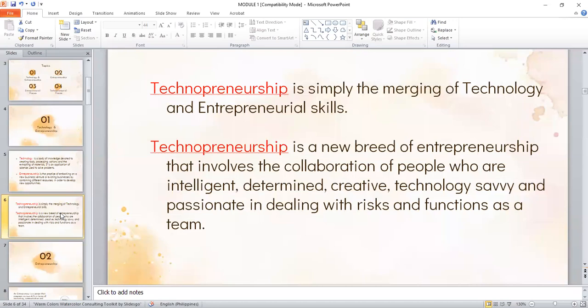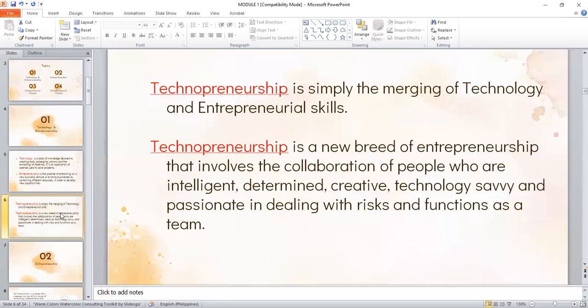determined, creative. So this is a very important characteristic of a technopreneur: technology savvy, and passionate in dealing with risk, and functions as a team. So when we speak of technopreneurship, we speak of technology, we speak of entrepreneurship, and we speak of collaboration.